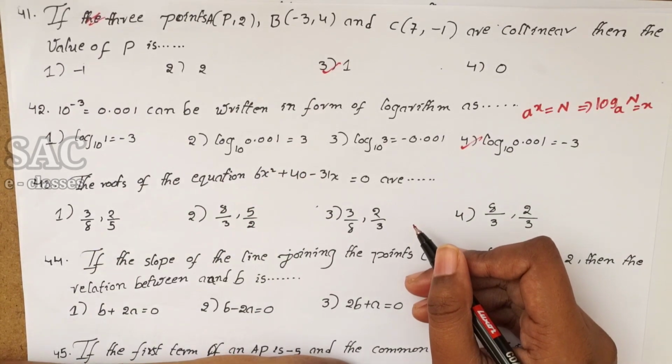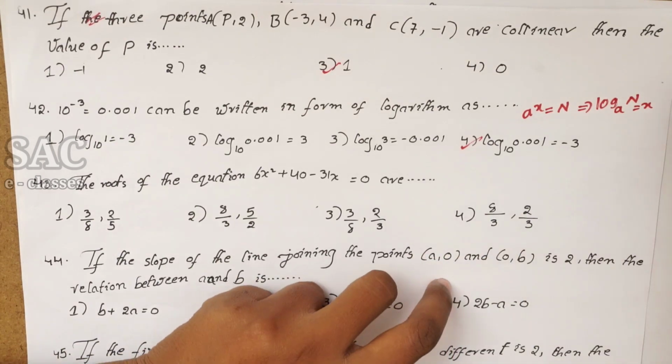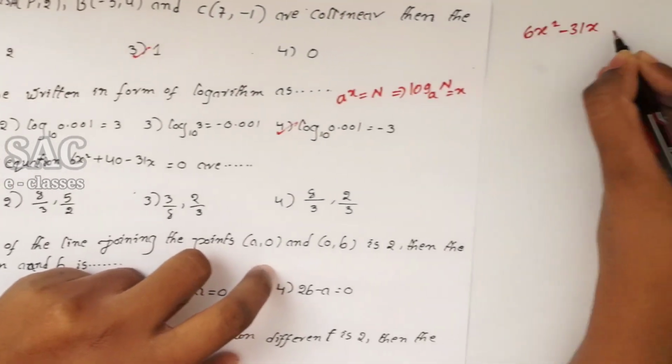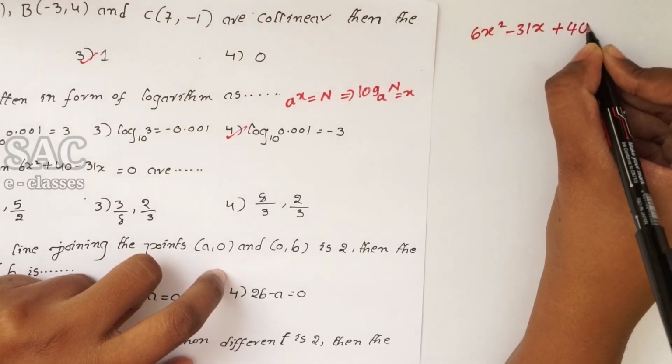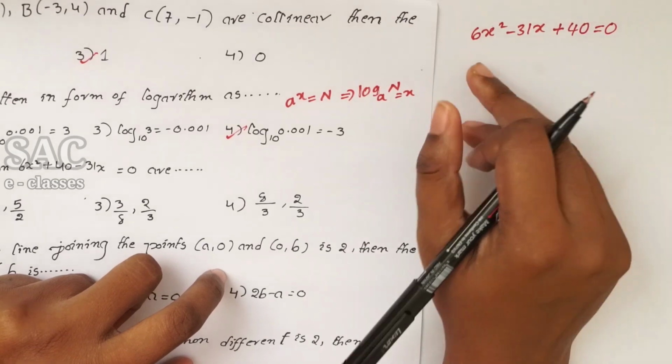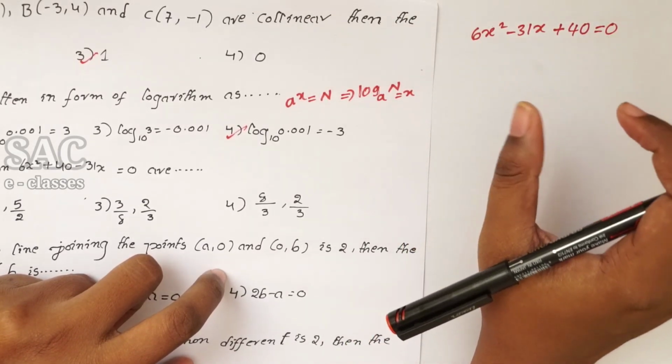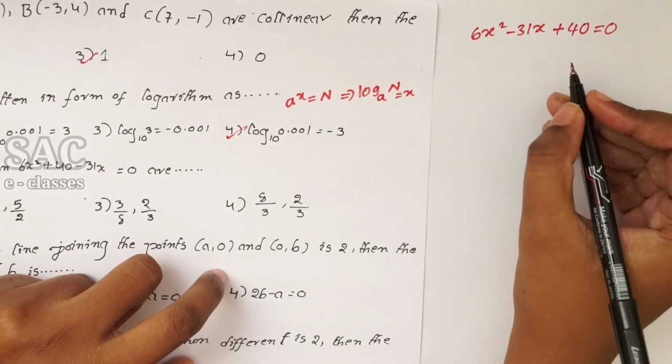The roots of 6x square plus 40 minus 31x equal to 0. First of all, it is not in standard form. Convert it into standard form. You know what is meant by standard form: expressing the powers of x either in ascending order or in descending order. We are taking descending order.